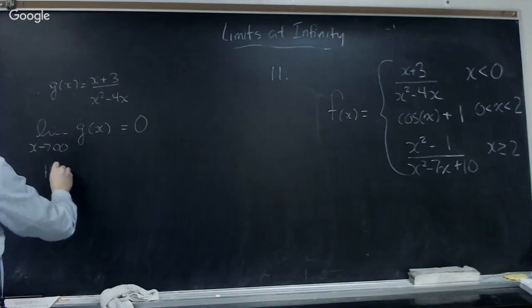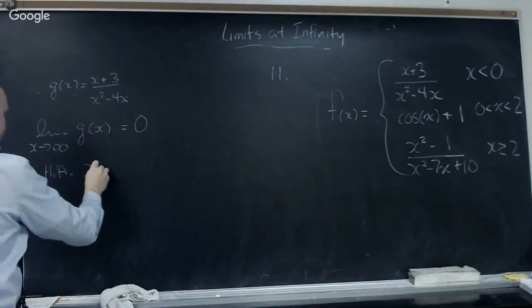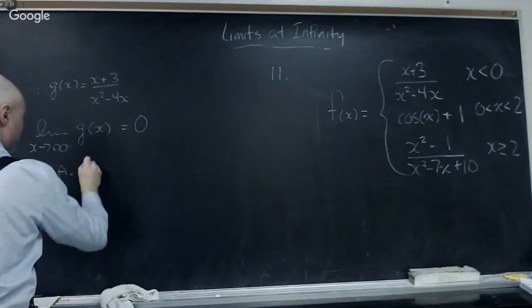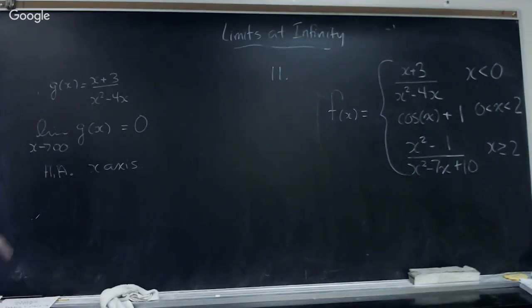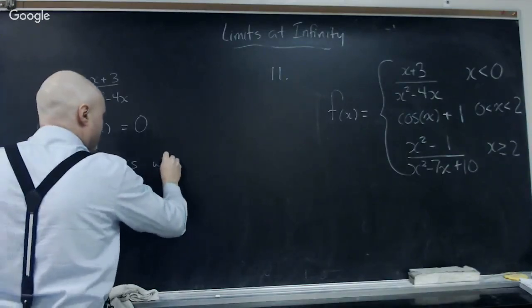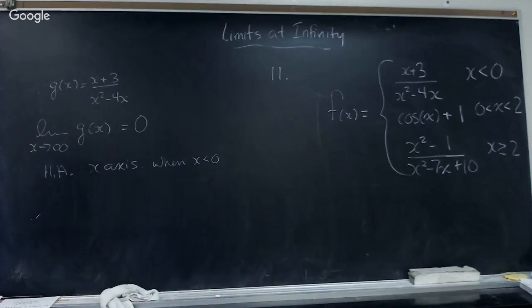So we are going to have a horizontal asymptote, which is basically the x-axis, or y equals 0. Okay, so as x gets big, this is when x is less than 0. Since x is less than 0, all we really do is head for negative infinity. We don't have to head for positive infinity.